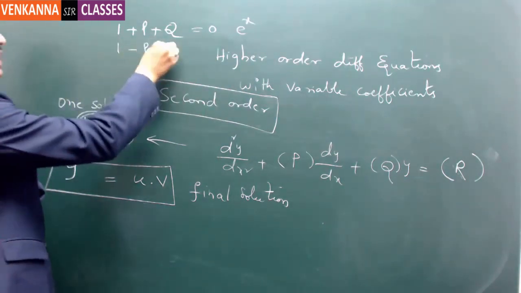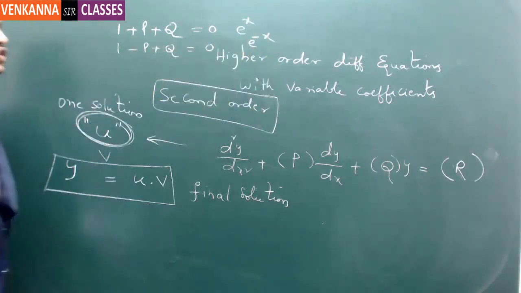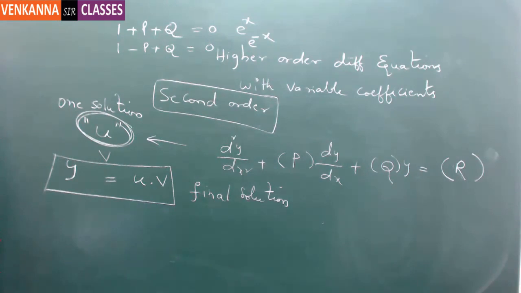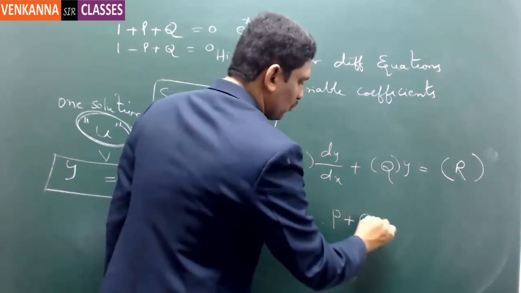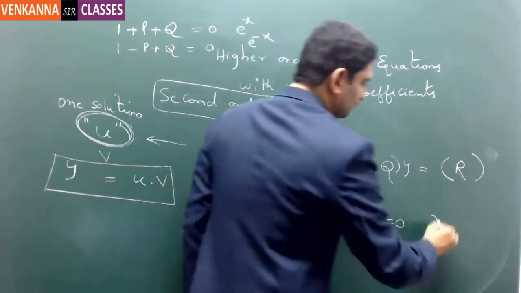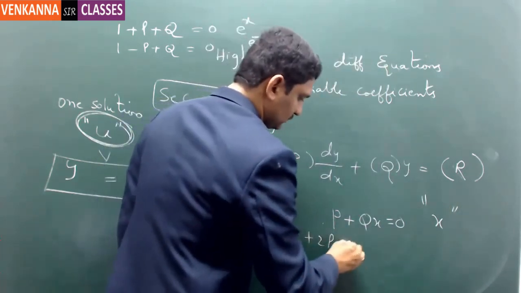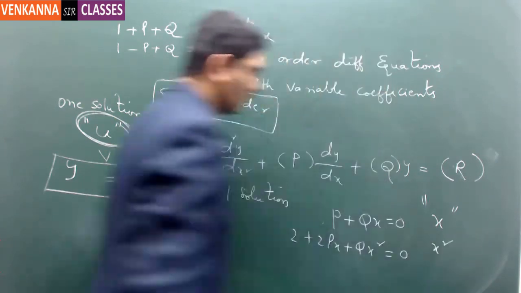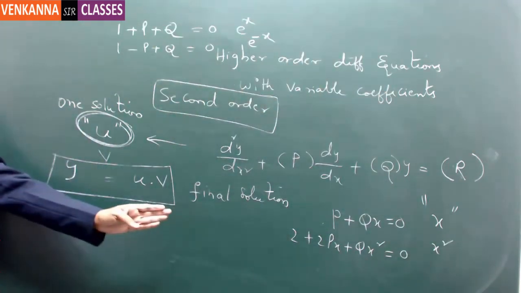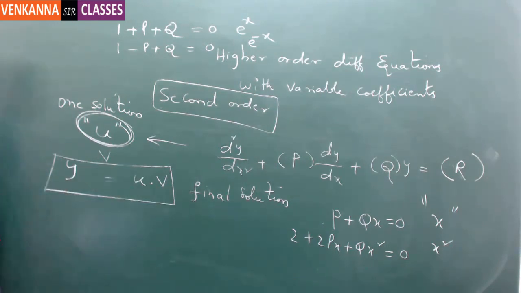If 1 minus p plus q is 0, e power minus x is the solution. Right? And if p plus qx equal to 0, x is a solution. And if 2 plus 2px plus qx square is 0, x square is a solution.